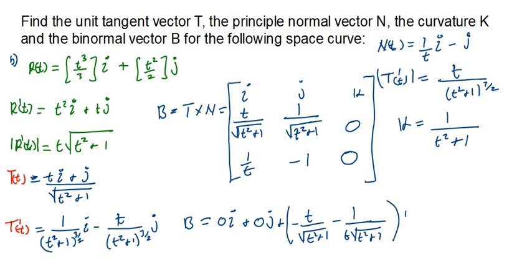So this is the k component of it. I can leave it in this form. You can try to break it down to see what you're going to end up with.